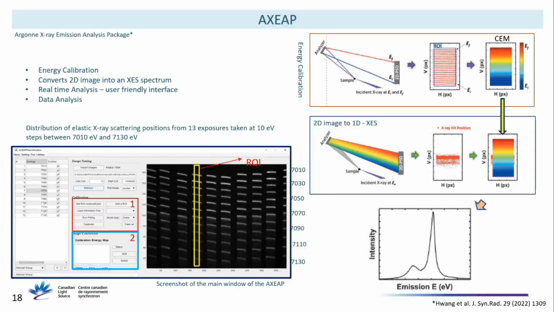Once the fitting is done, we calibrate. That generates a calibration energy map, meaning the energy values assigned to each pixel of the detector. Once you have the calibration map, we upload the actual image to extract the final spectra.